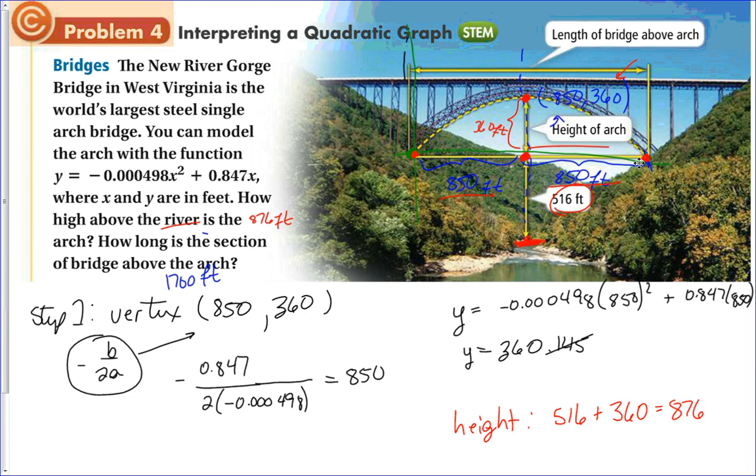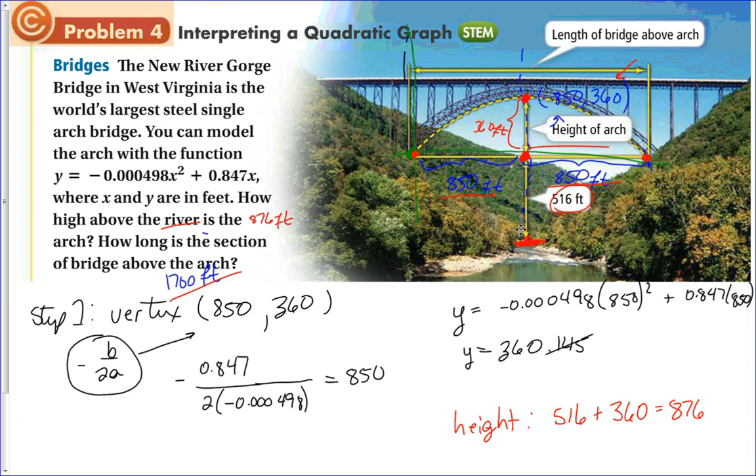So the total length of the bridge above our arch section is simply going to be 850 feet plus 850 feet, which is 1,700 feet. And also the height from our x-axis to the top of our arch is simply the y value of our vertex. So that's 360 feet.